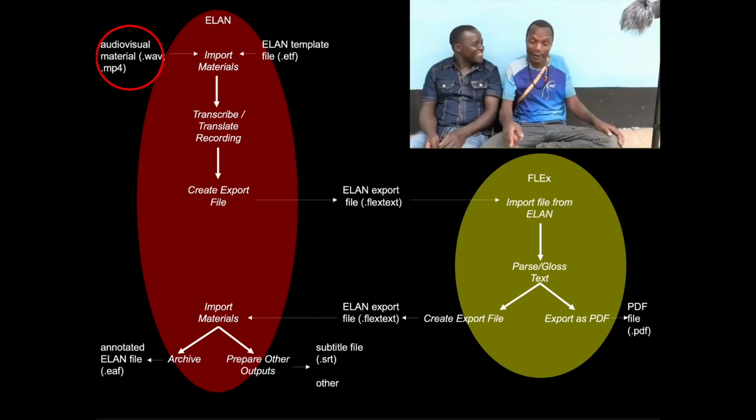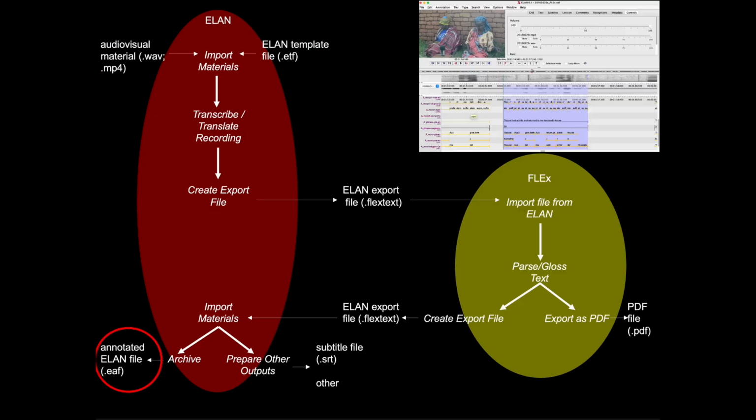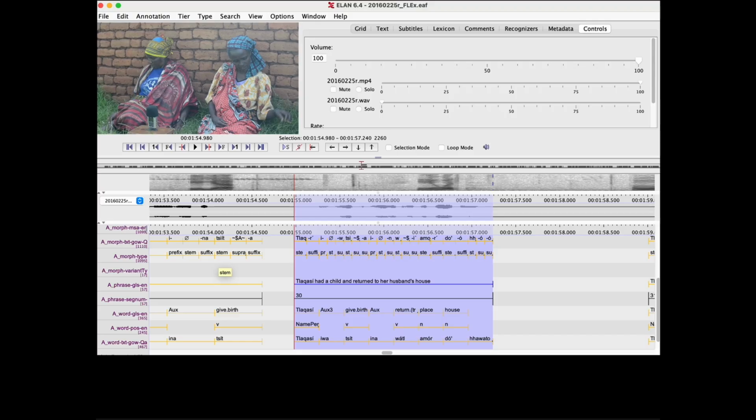In its most broad conception, the workflow takes audiovisual material, such as the recording on screen, for example, and produces an annotation of this audiovisual material in the form of an Elan annotation file with the file name .eaf. The reason we target this particular output is because it is very rich.